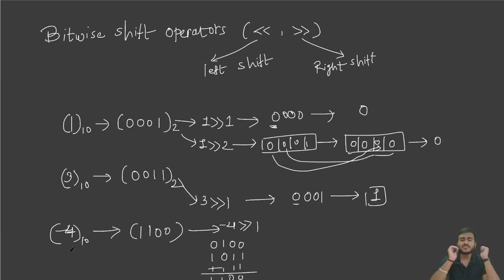Now here is a very important rule about the right shift operator. In these cases, whenever the positions on the left side were empty, I was filling them with 0. But not every time will you fill these positions with 0. Sometimes you will also have to fill these places with 1.